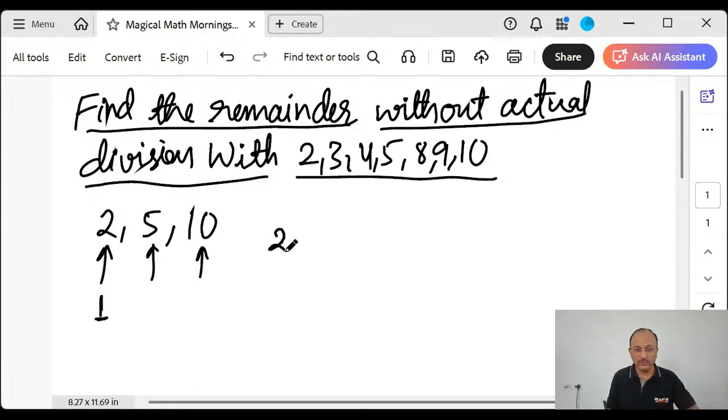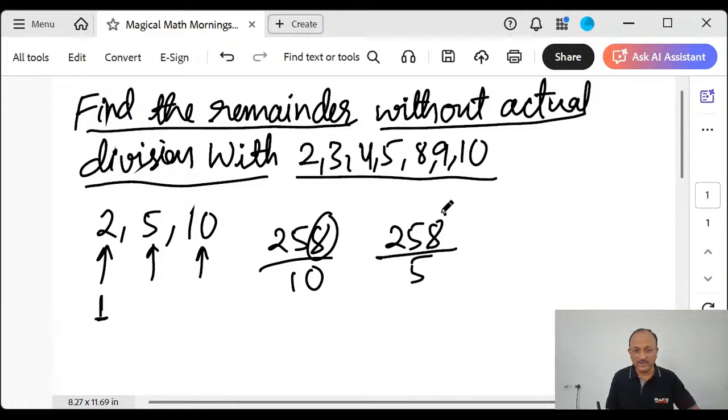Suppose you want to divide 258 by 10, only the last digit is the remainder. Suppose you want to divide 258 by 5, the difference of the last digit and 5 is the remainder. Here the last digit is 8, and 8 minus 5 is 3. So finding the remainder for 2, 5 and 10 is very easy.